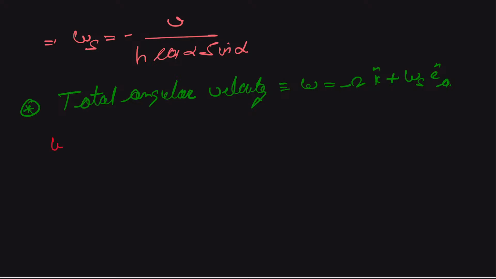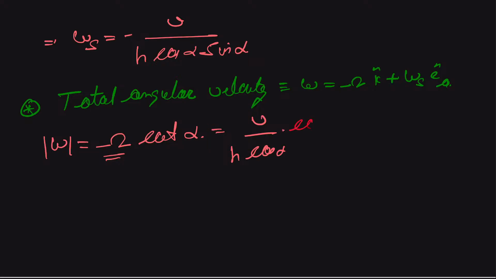Therefore we can say that the magnitude of this omega will be equal to omega cot of alpha. But we already know this omega is equal to v upon h cos of alpha. So we can write this as v upon h cos of alpha times cot alpha.